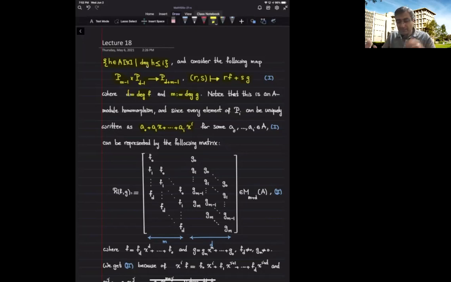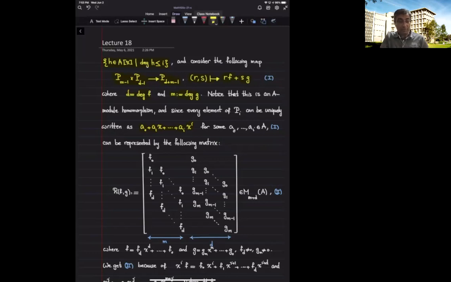So in some sense, if A was a field, I could have said that this is a vector space of dimension i plus 1. So this one is of dimension m, this one is of dimension d, and this one is of dimension d plus m. So this means these things should have the same dimension. Now here, I don't work with a field.